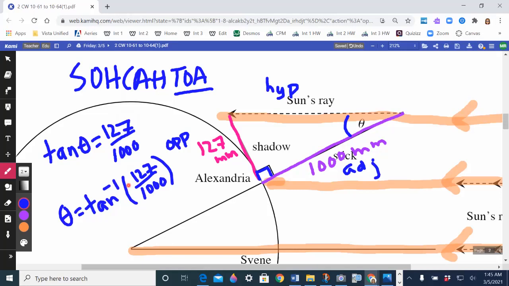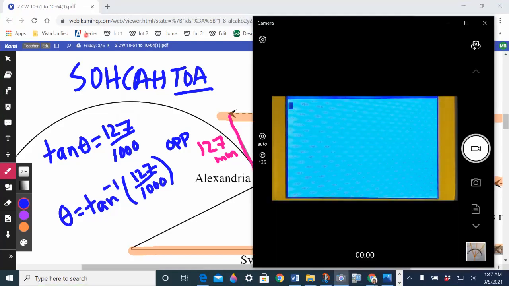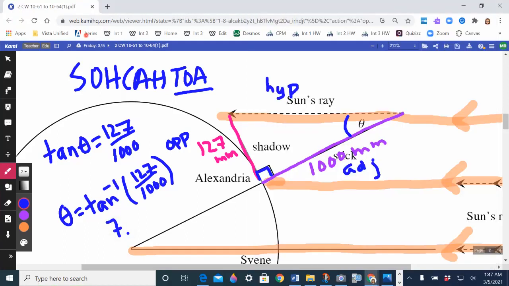I'm going to put that into my calculator, making sure that my calculator is in degrees. Tan inverse of 127 divided by 1,000, and I end up with 7.24, or let's be a little more accurate, 7.238 degrees. That is what theta is equal to.